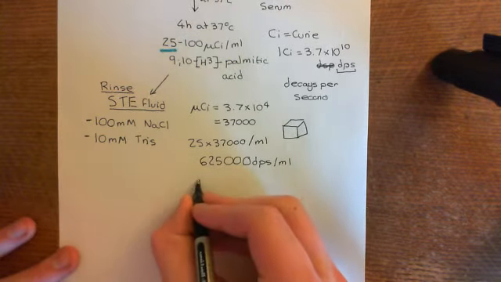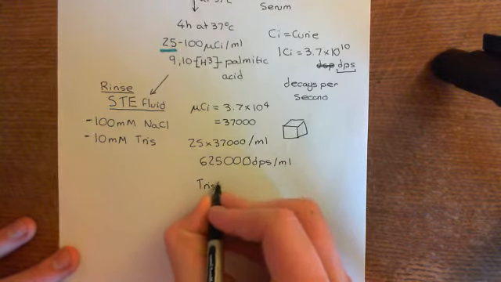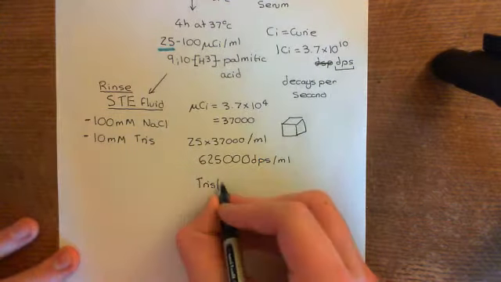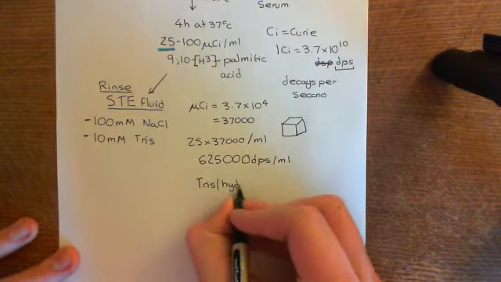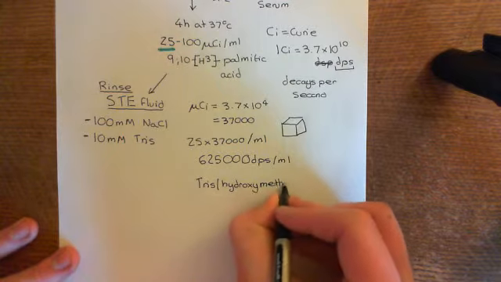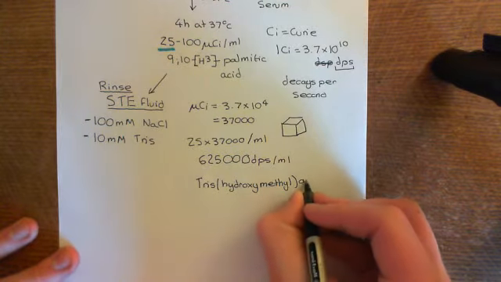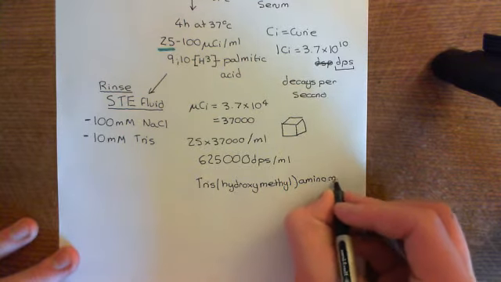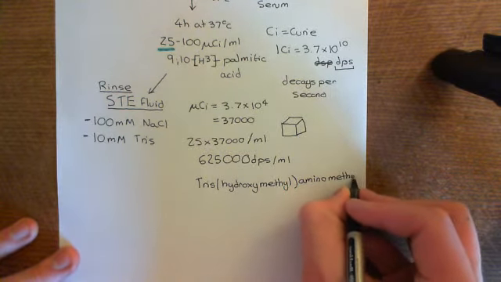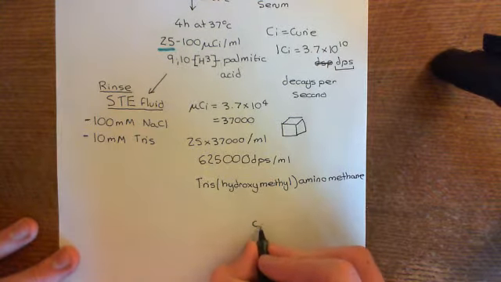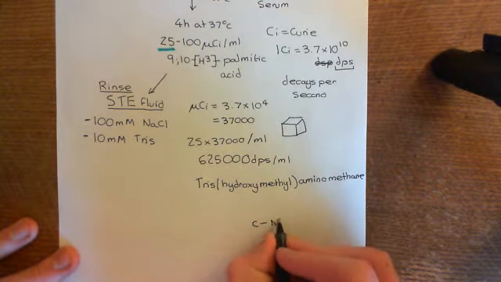So tris is short for tris hydroxymethyl aminomethane. So tris hydroxymethyl and then aminomethane. Okay, so let me show you the structure of tris hydroxymethyl aminomethane then. So basically what you have is a carbon atom with an amino group coming off it.